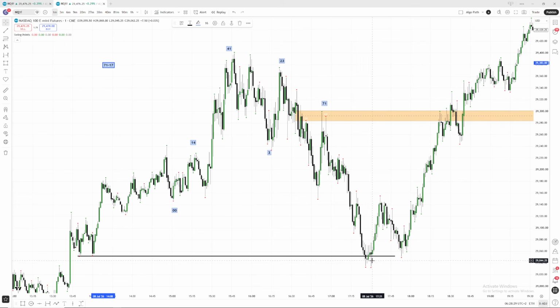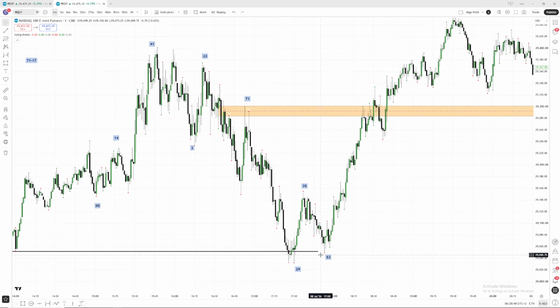Okay. And then 29 is where the algo resets, and from here again it stops at 35, and then again we have a reverse algo 2 here at 53. Okay, so here also I took this long trade.